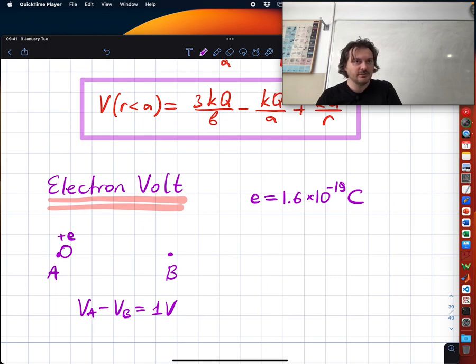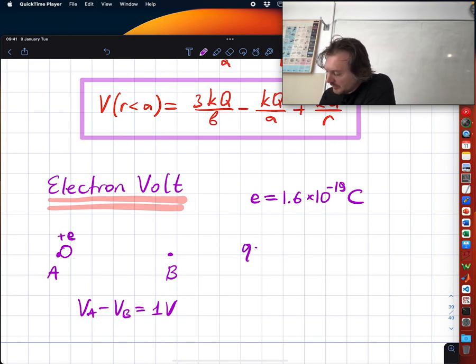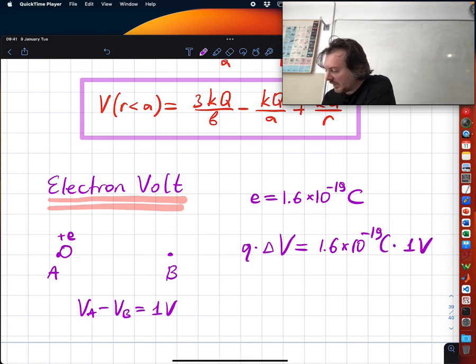Do you see what I mean? It will go from A to B, and it will gain this much energy, q times delta V, which is 1.6 times 10 to the minus 19 coulombs times 1 volt. And we have a special name for this much energy.